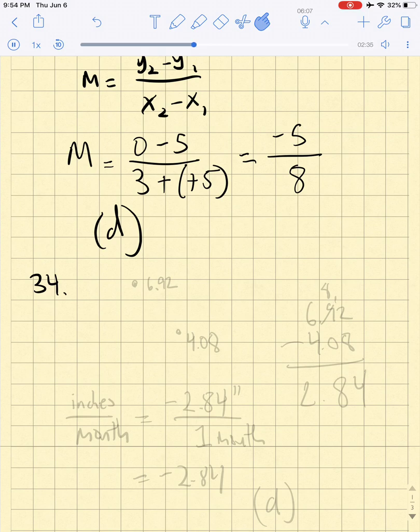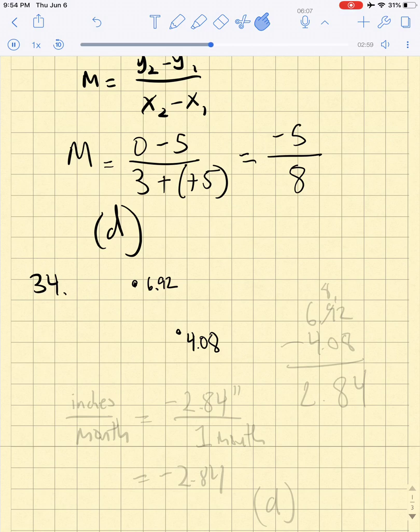So we look for the corresponding parts when we're talking about 6.92 for August, right? And then a lower value of 4.08 in September. All right.